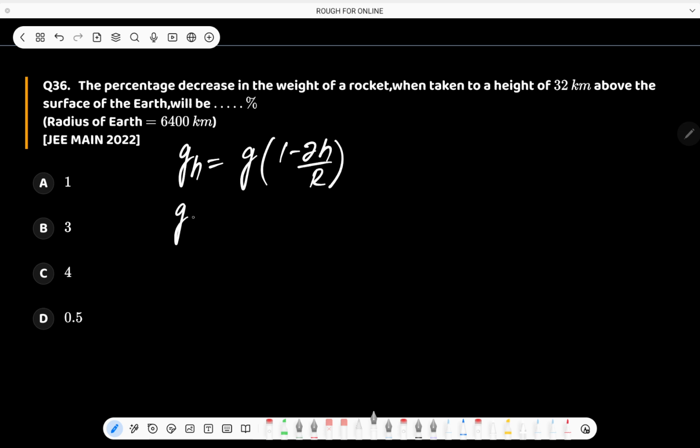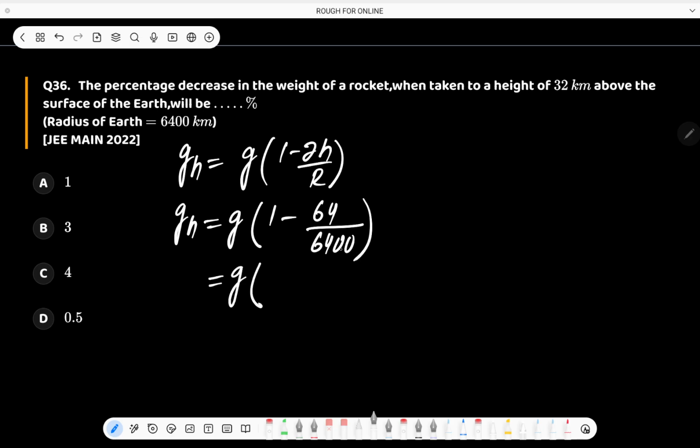Now gh will be equal to what? It will be g multiplied by 1 minus 2 into 32 is 64 divided by 6400. All right, so this is 1 by 100, so it will come out to be g into 1 minus 1 by 100.